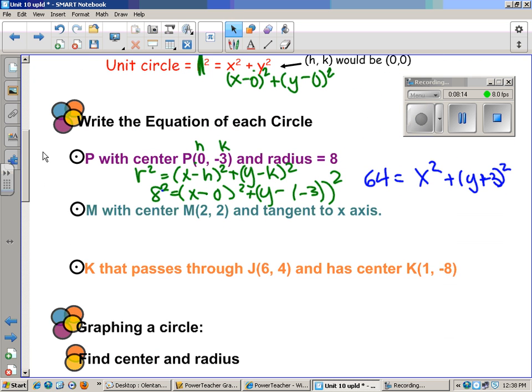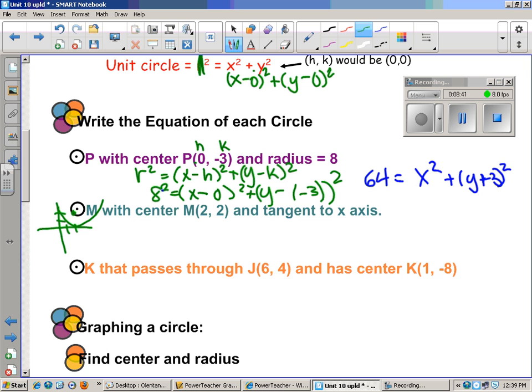If we have circle M, whose center is at (2, 2), and it's tangent to the x-axis. Personally, I would have to draw a picture. So let's draw a picture of what the circle would look like. The center is at (2, 2), okay? And it's tangent to the x-axis.